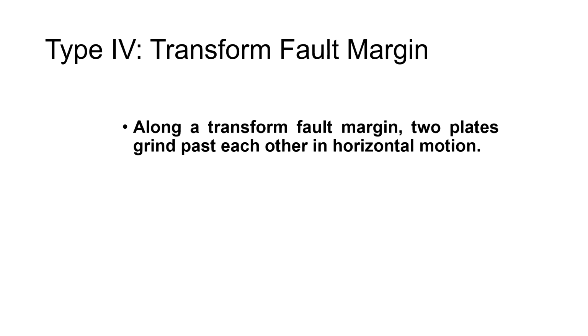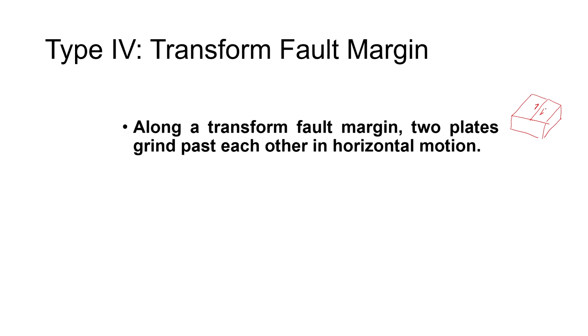Now, transform fault boundaries, as I told, those boundaries we have already seen and discussed briefly before also. Along a transform fault margin, two plates grind past each other in a horizontal fashion. So, that means if you are having two plates, for example, you mark this plate 1 and plate 2 here, okay, then the sense of movement will depend on how they are configured with respect to one another, and they will show the movement. Okay.